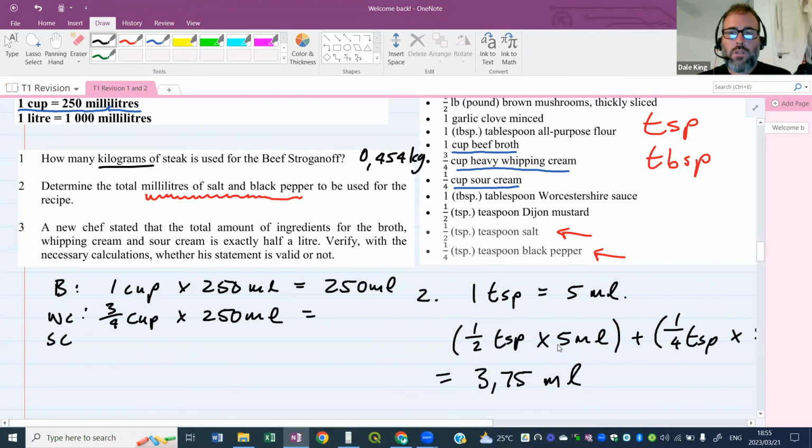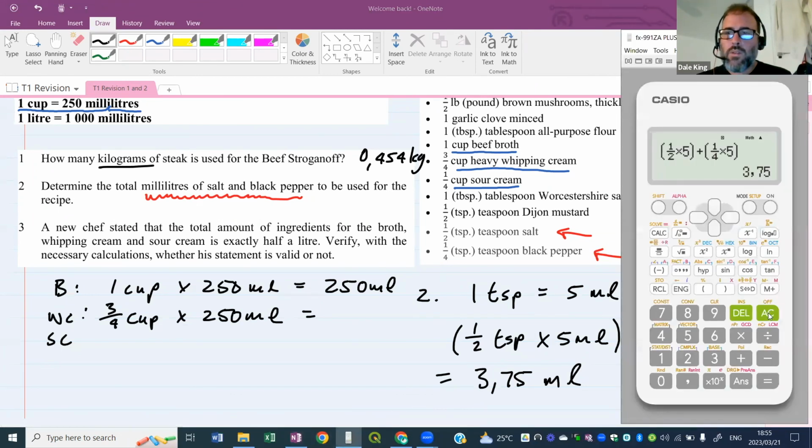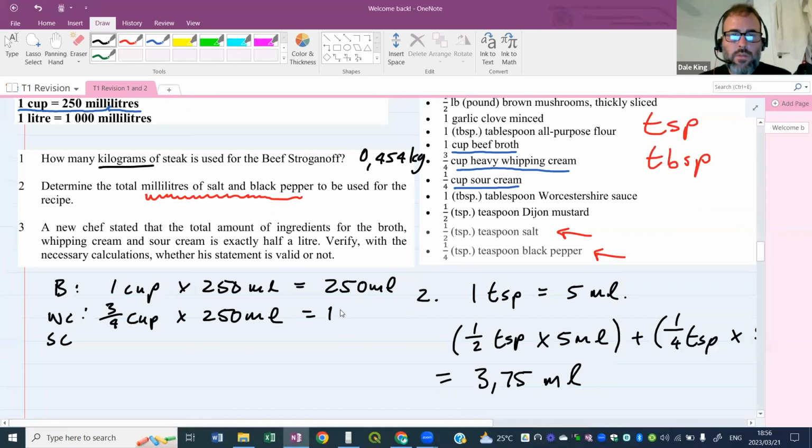Let's do the calculation quickly. 3/4 multiplied by 250 gives us 187.5 milliliters.